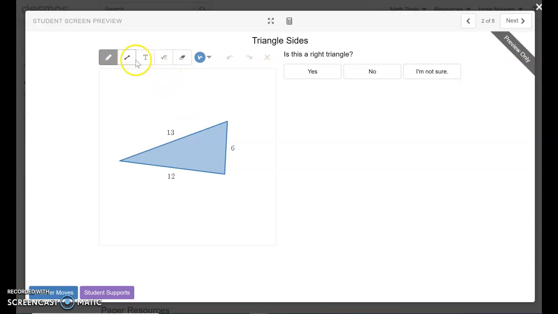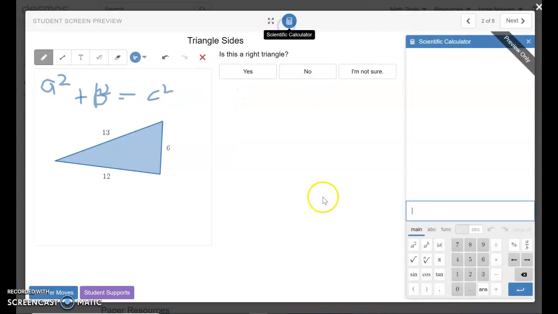So I would say, okay, you know that a squared plus b squared equals c squared. They can actually use this calculator over here, which is really handy dandy.